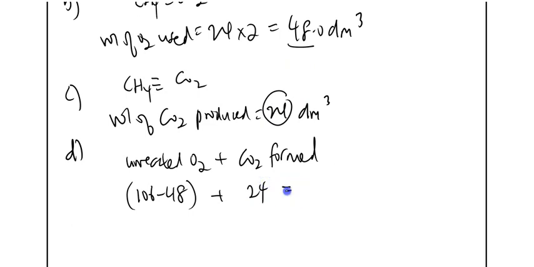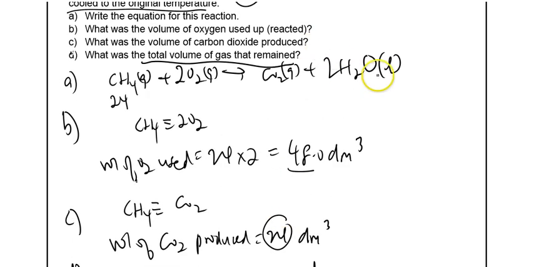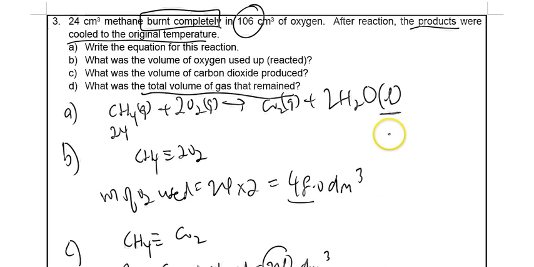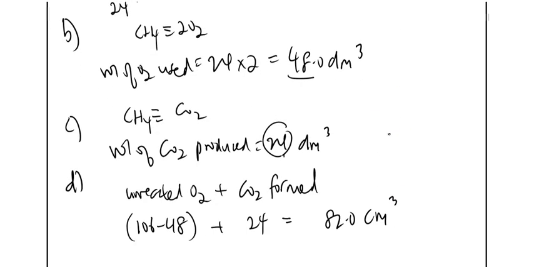So this will give me the total volume of gases left. There's no water. Why? Because water is in the liquid state, so this is not a gas. Adding this up together, I will have 82.0 cm3. This should be in cm3 as well.